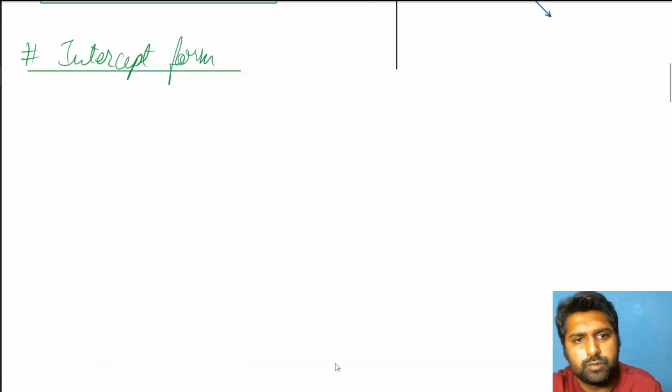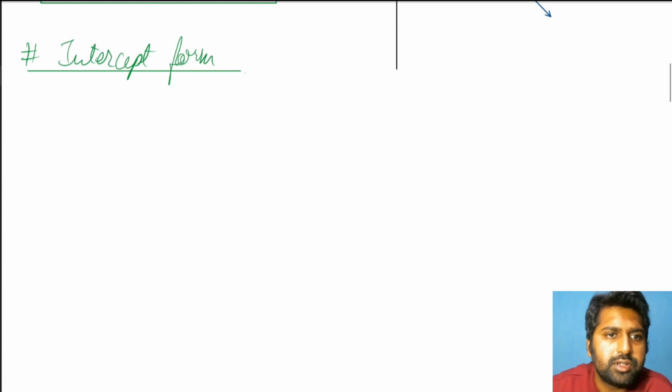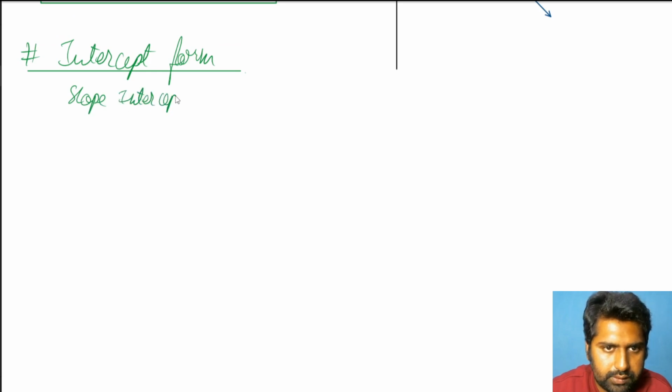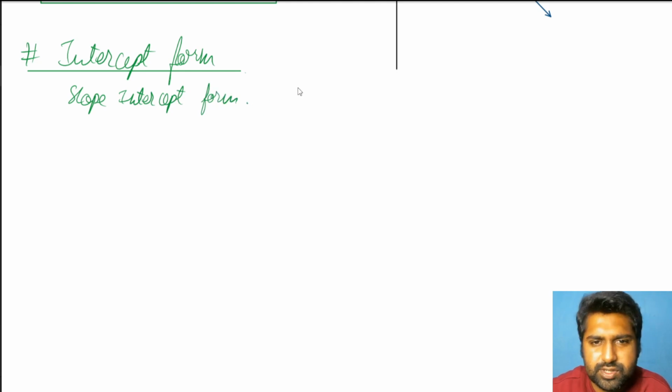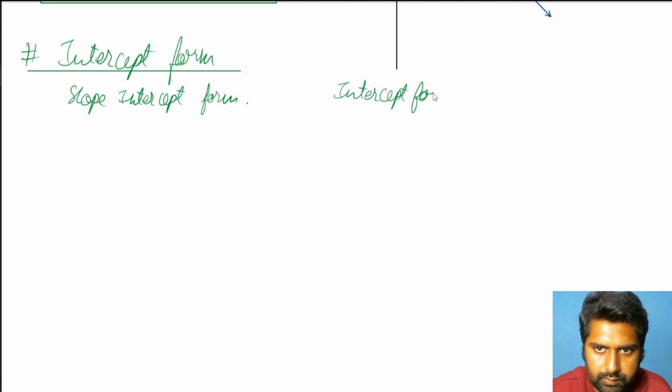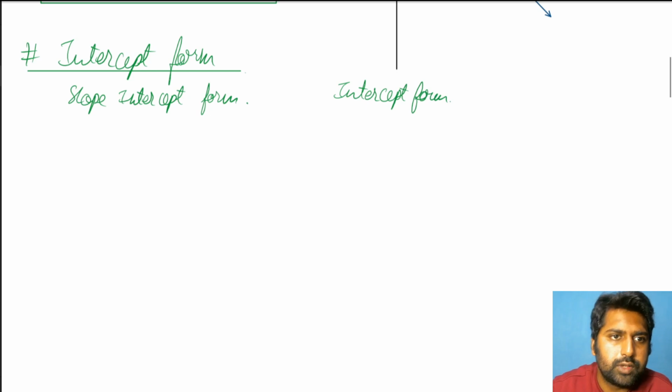Okay, intercept form also has 2 parts as such. One is slope intercept form, and one is just intercept form. Now the slope intercept form looks like this.